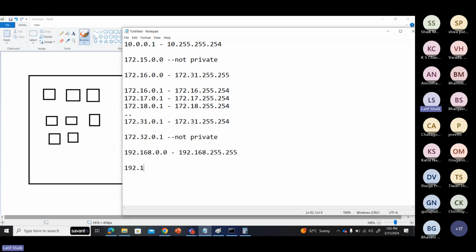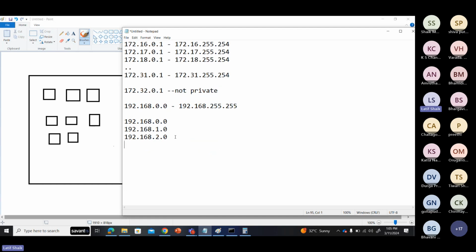Here you get 254 hosts. No, not 254, 256 hosts. You will get it. This is the first network, this is another network, and this is another network.